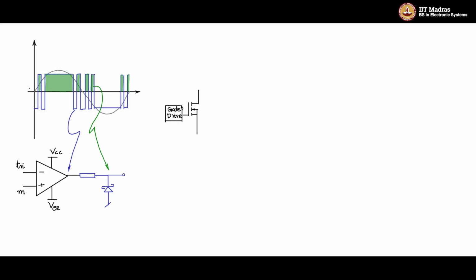We have discussed the gate drive circuit in detail, and you will use one of the gate drive circuits to drive the top MOSFET. And likewise the bottom MOSFET. This is connected to VCC, this is grounded. Do not forget to write the internal body diode for the MOSFET. Then you have the gate drive circuit here.